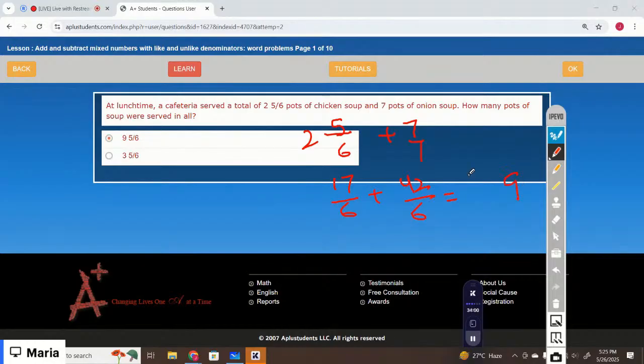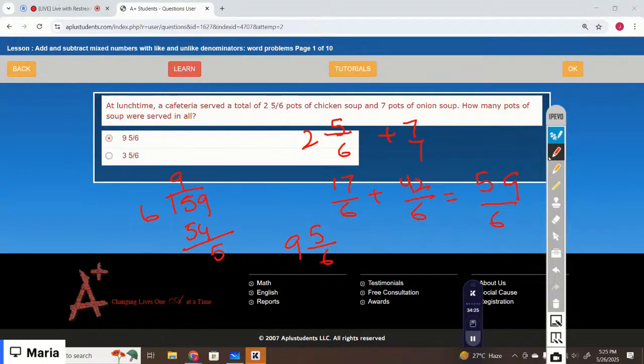Let's just add them. 17 plus 42 is 59. 59/6. Just divide. 6 times 9 is 54.